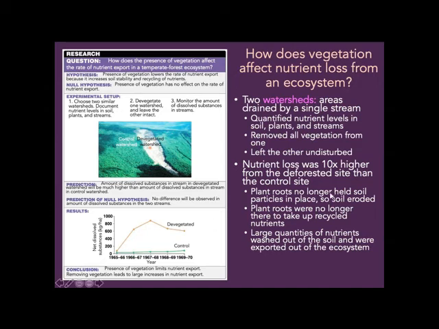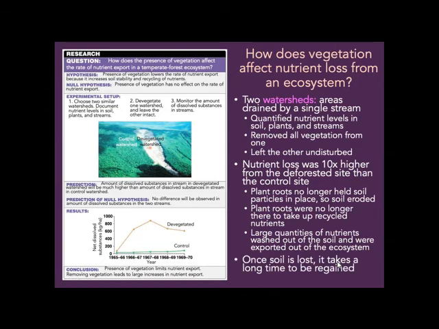We can see just mechanically that the plant roots aren't holding all of the soil in place, and the soil particles are where all of the ions are. Without the plant roots, the soil eroded and washed all of the ions back down into the water. The plant roots were not there to take up the recycled materials, and all of this material was washed out of the ecosystem.